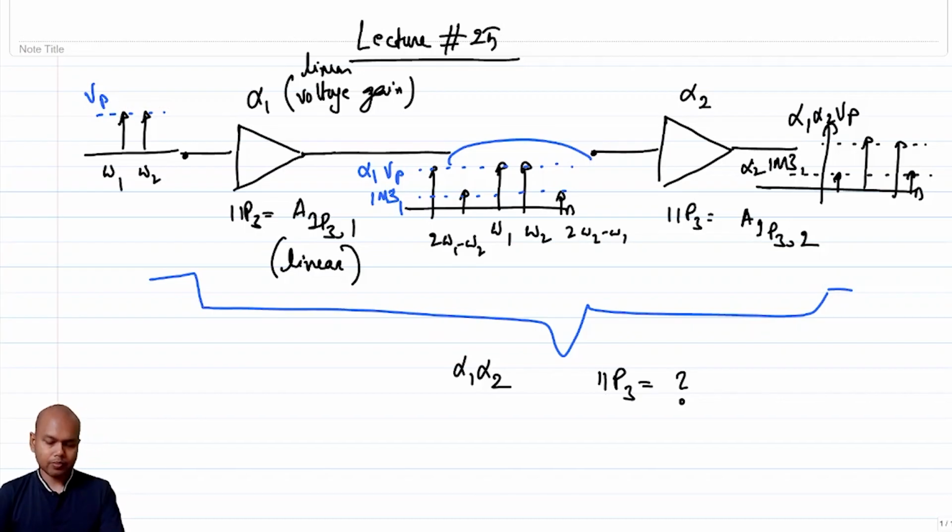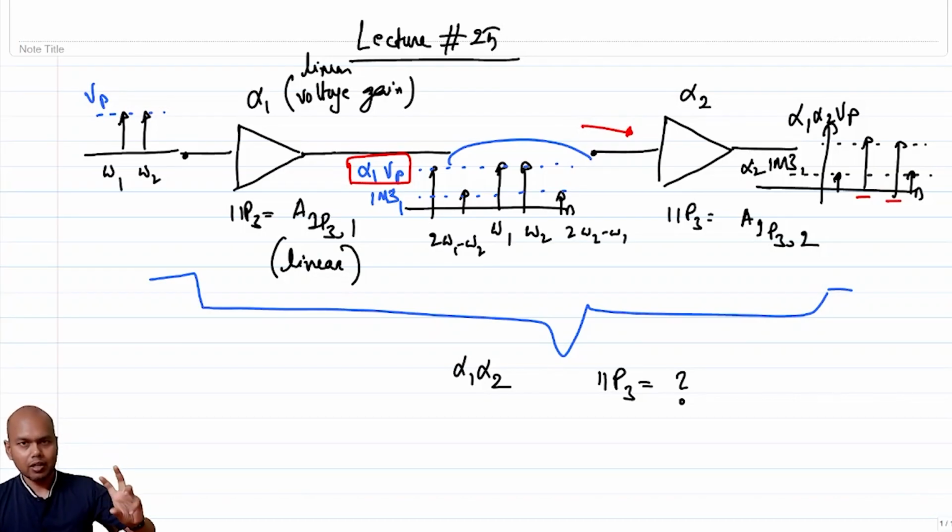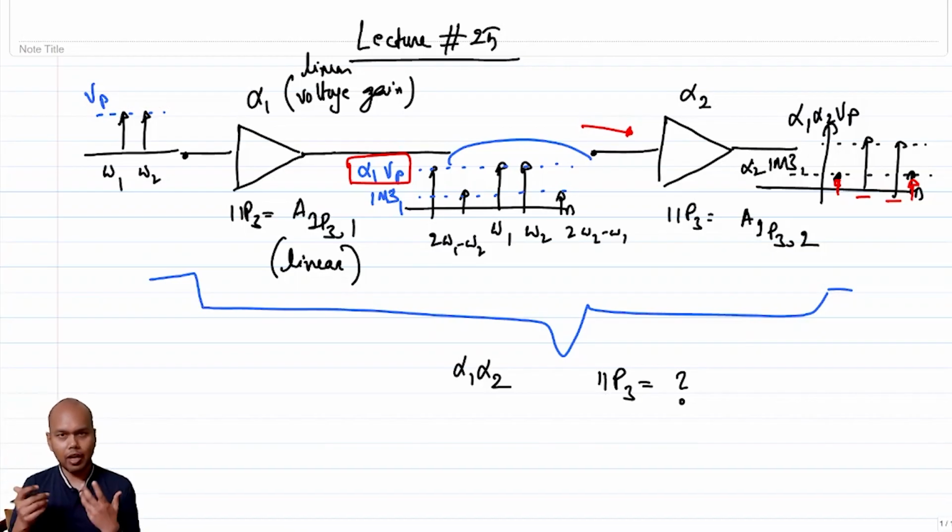This is assuming no distortion in the second block. But the assumption is that we have distortion, which means the alpha 1 VP term at the input of the second block is going to create IM3 tones separately, which will fall on the same IM3 bin.